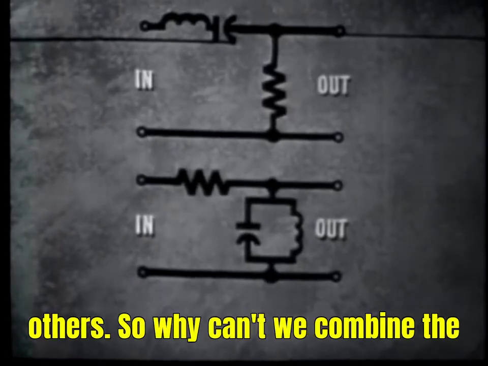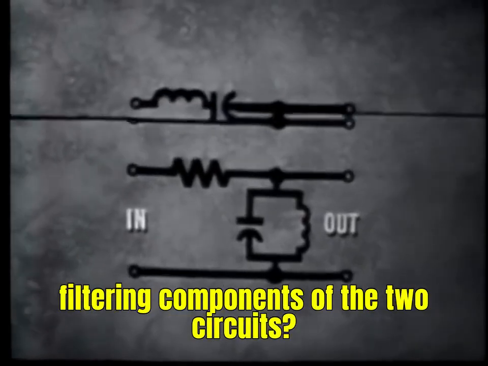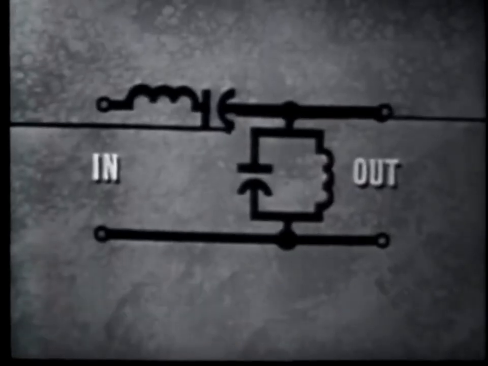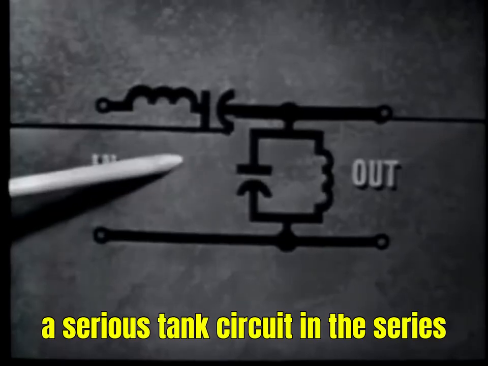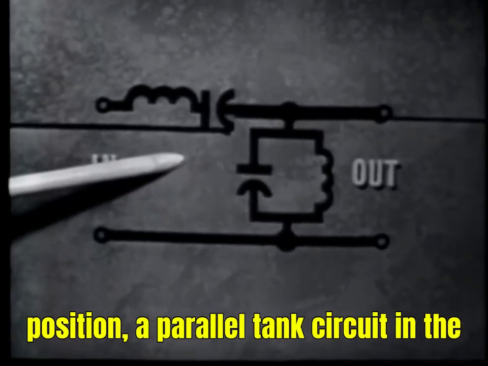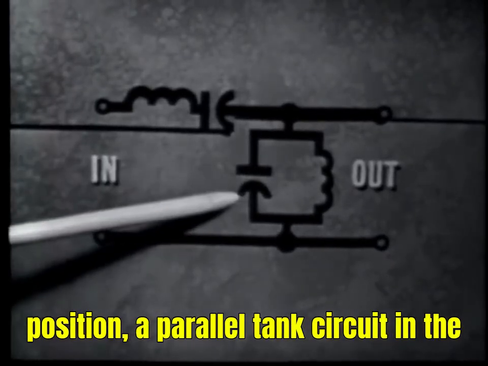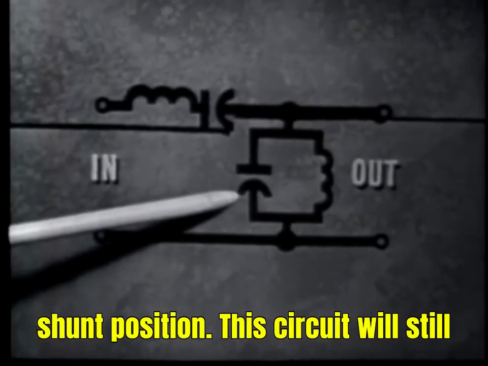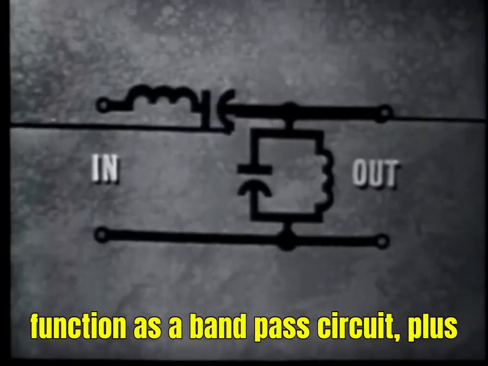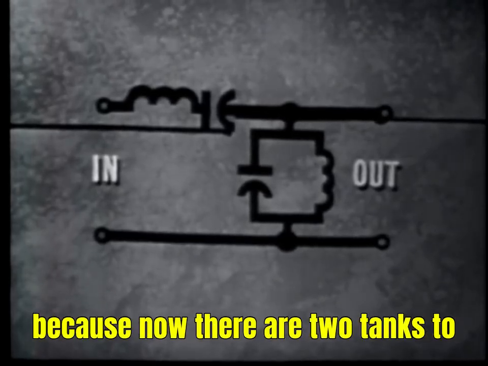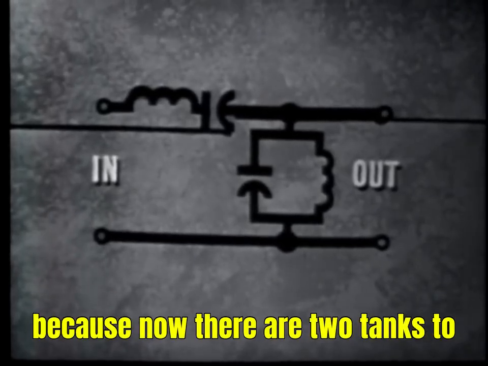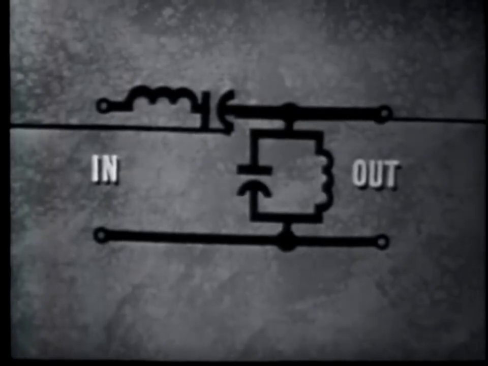So, why can't we combine the filtering components of the two circuits and make one band pass filter that has a series tank circuit in the series position, a parallel tank circuit in the shunt position? This circuit will still function as a band pass circuit. Plus, the filtering action will be improved because now there are two tanks to provide filtering action.